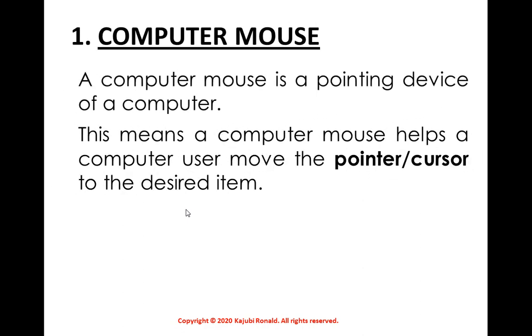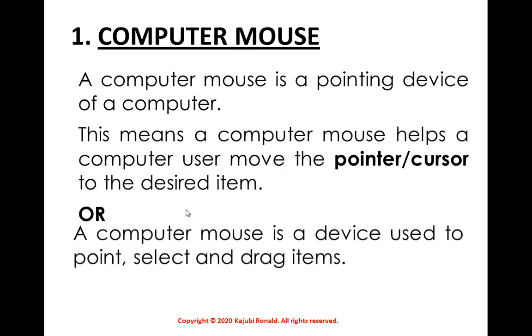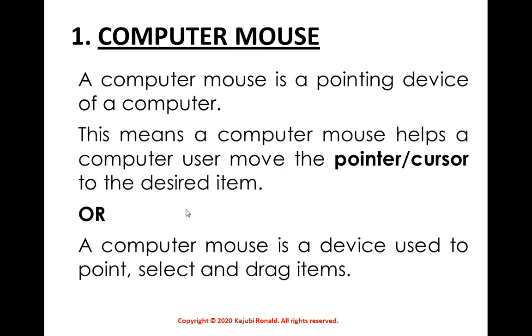Now, as we have said that a computer is comprised of 4 basic computer parts, a computer mouse was one of them, and we are looking forward to see more about a computer mouse.